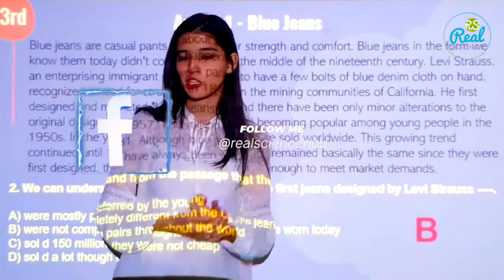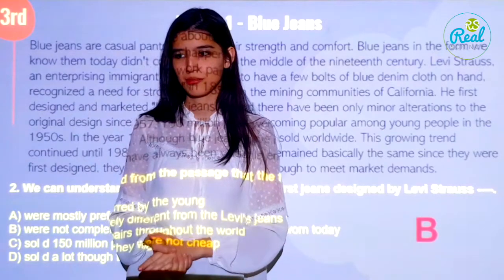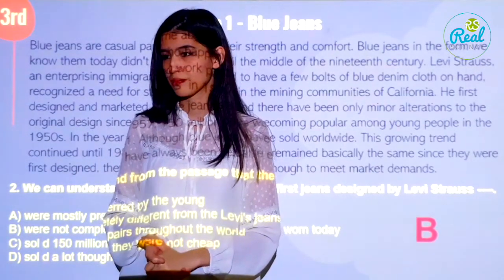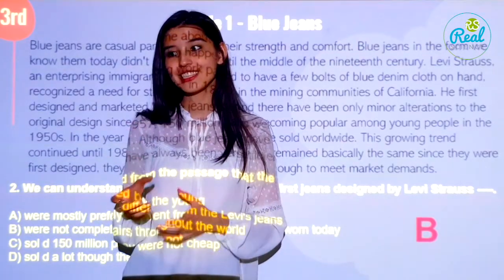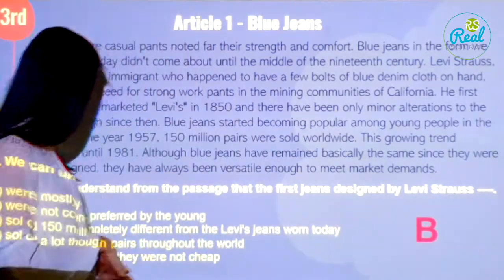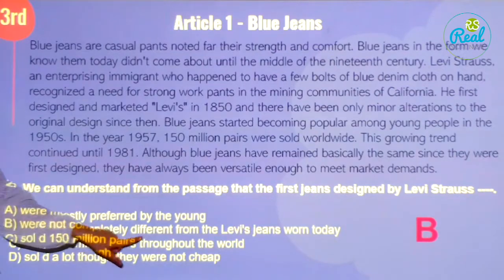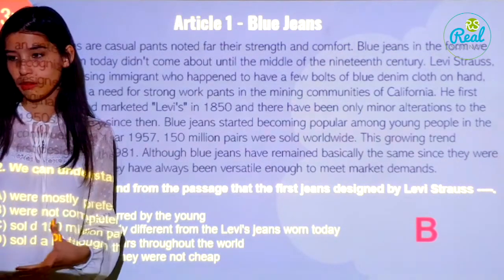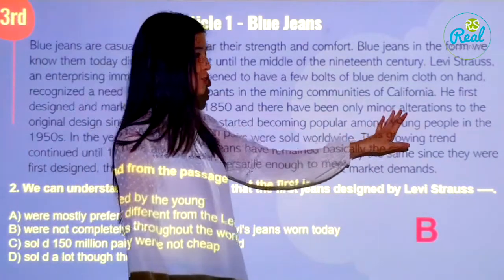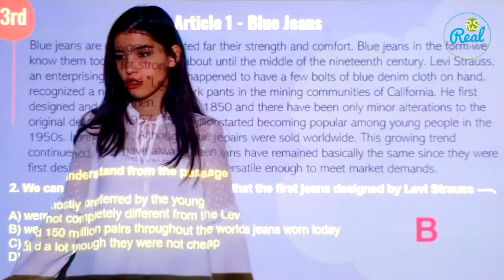What does minor alterations mean? Like huge changes? Minor. Yes, little changes. That's why it's not completely different. Not completely means they have some similarity, resemblance. So here it says minor alterations means small changes.